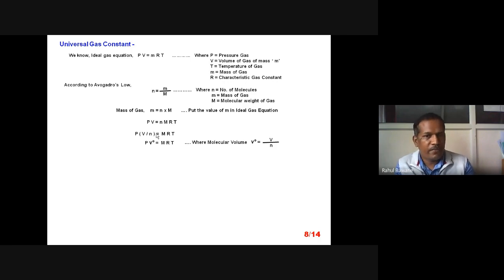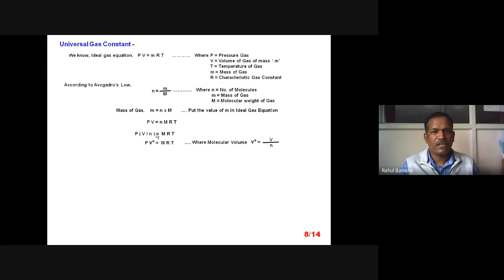Just like molecular weight is per molecule, in a similar manner volume per molecule is called molecular volume, and it is denoted by small v raised to the power 0. So PV0, that is molecular volume, is equal to capital MRT.